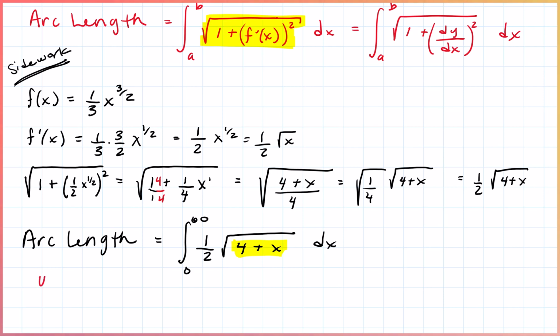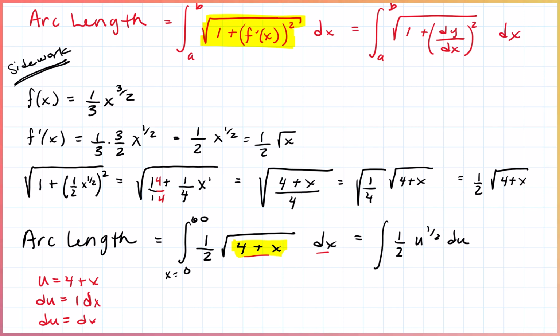U is 4 plus x, so that makes my du simply 1. It's du dx equals 1, but I'm going to separate the differential, and so that becomes just 1 times dx, or du equals dx directly. So that substitution is really nice and simple. We make that substitution and get 1/2 u to the 1/2 du.